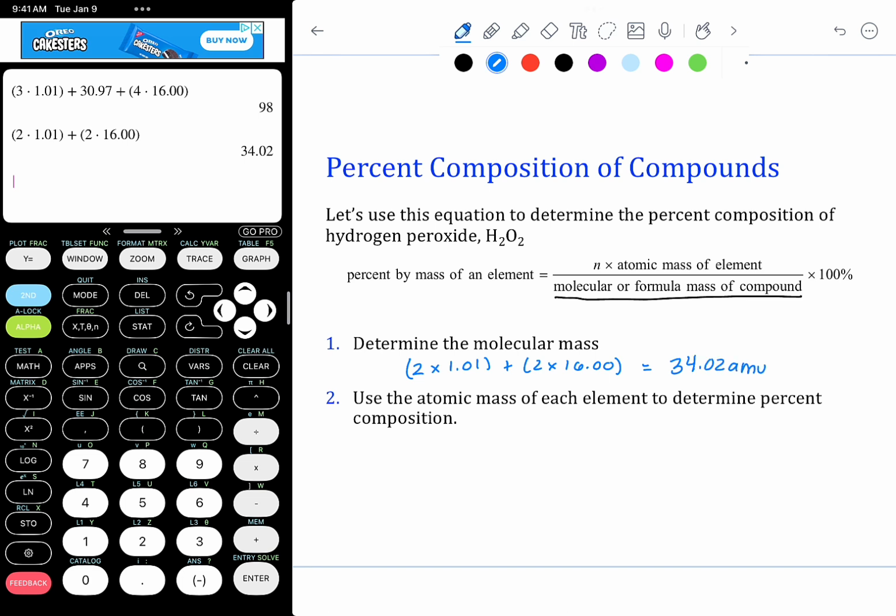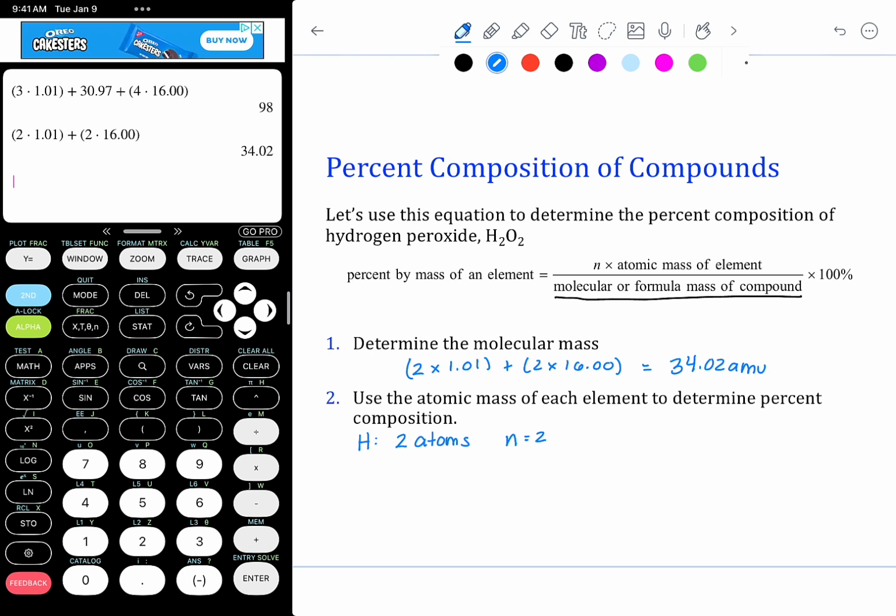Now we want to use the atomic mass of each element to determine the percent composition. We have to do this for each element in the compound. So let's start with hydrogen. We know that there are 2 hydrogen atoms in this, so N is going to equal 2.